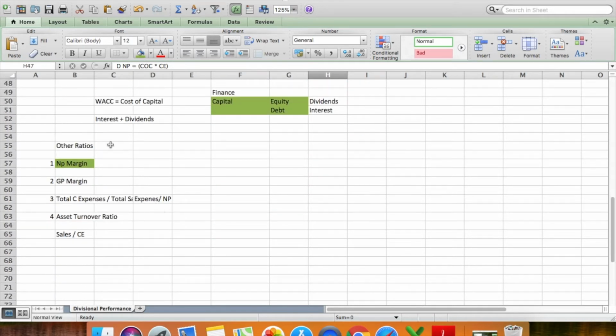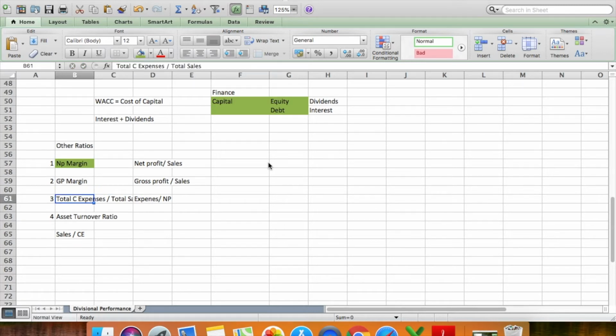Other than these two ratios, we have other ratios that we've been using since ages. The first and the most important is the net profit margin ratio, which is calculated as net profit divided by sales. Then we have the GP margin ratio, which is the gross profit, or we can call it the contribution to sales ratio as well.